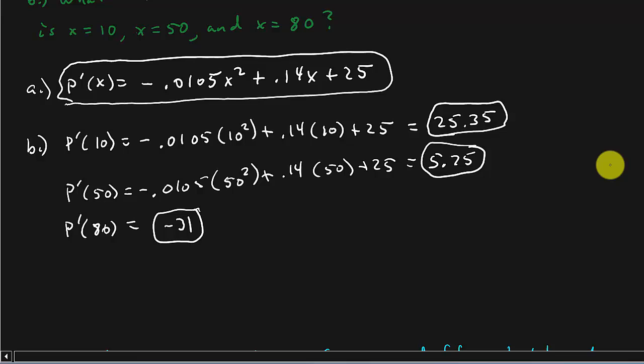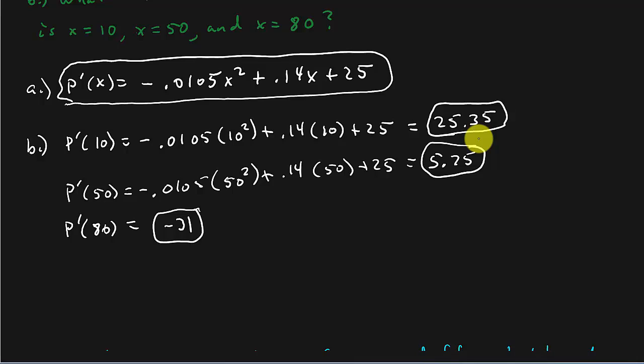All right, now that's good and everything, but what does it mean? Notice we've got P prime of 10 is 25.35, which means that a one unit increase in production from 10 to 11.